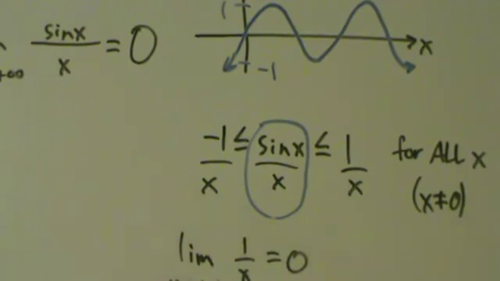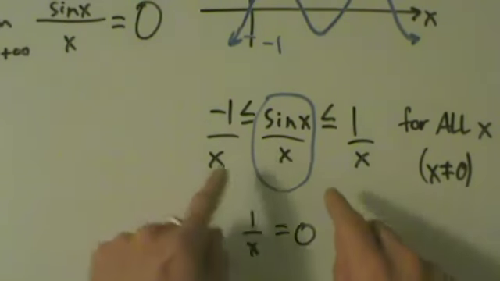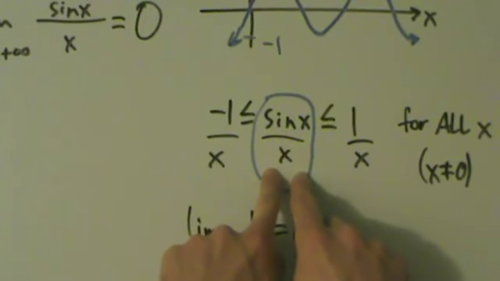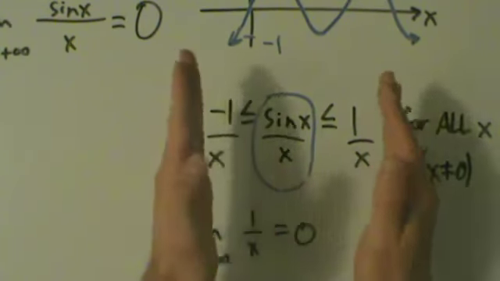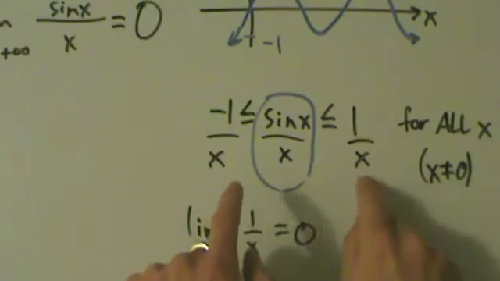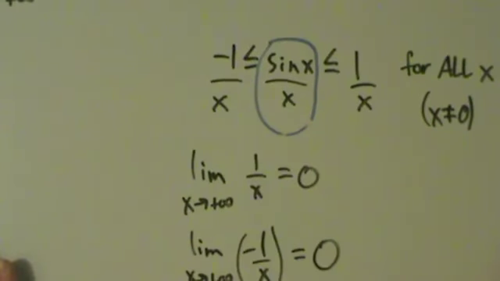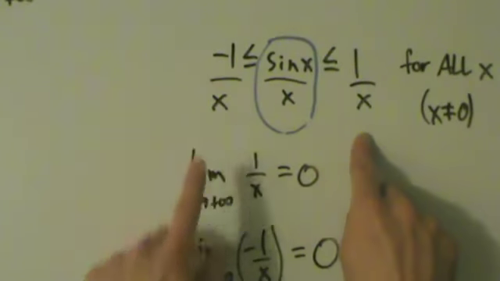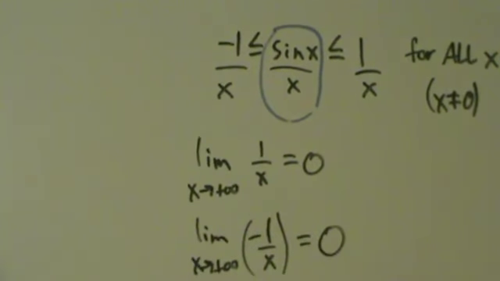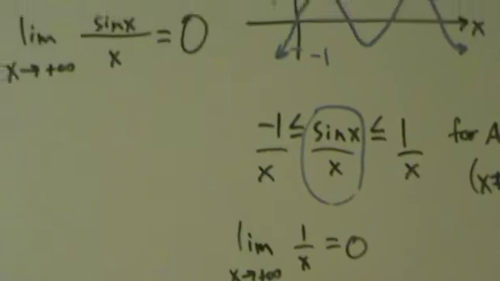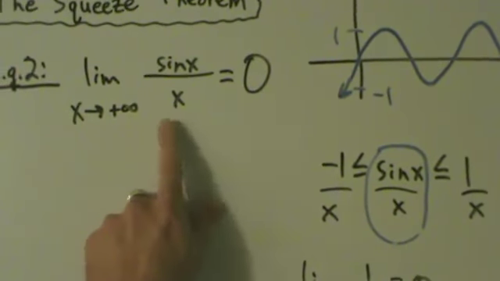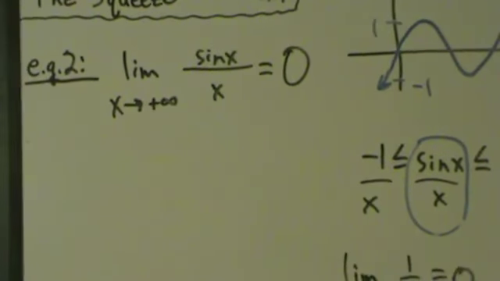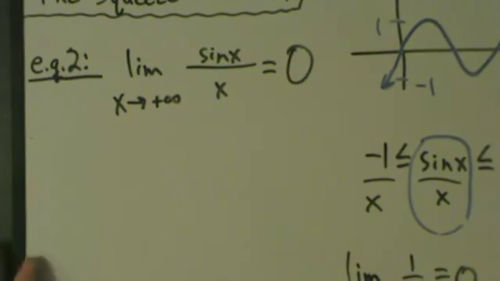But again, that doesn't really matter. And now we have our function sine of x over x pinched or squeezed or sandwiched between these two guys here, okay? 1 over x and negative 1 over x. And the limits of both of those guys as x goes to infinity are 0. Therefore, the squeeze theorem tells us, just directly right away, that this limit also has to be 0. Okay? So that's example 2.